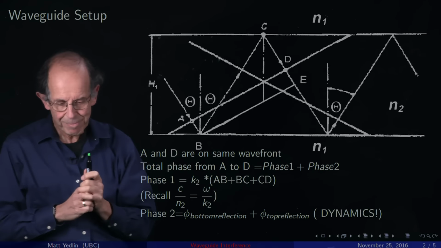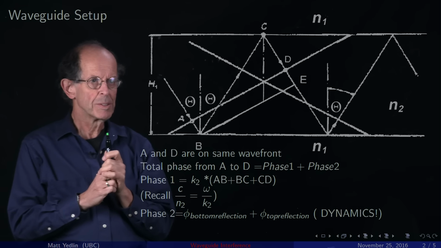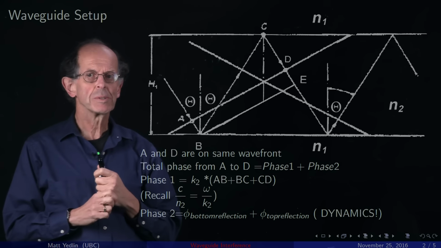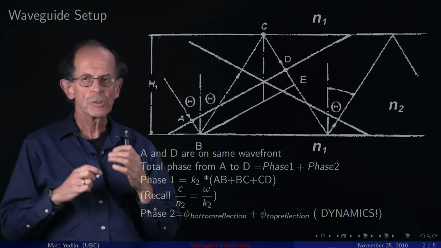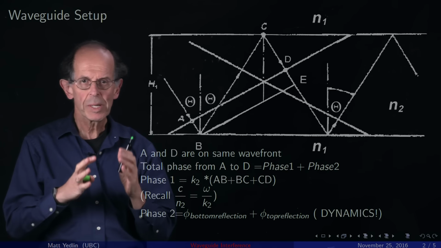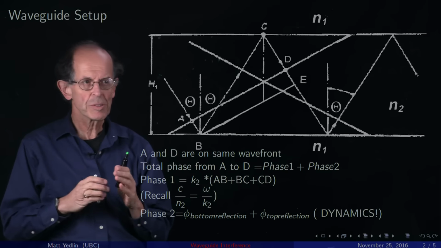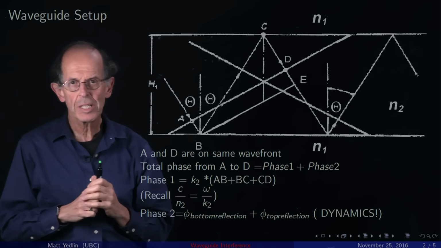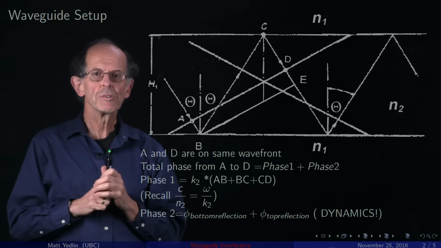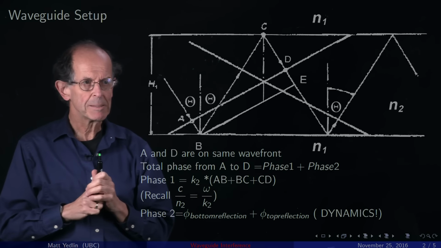To do that, we have to compute the total phase, going from A all the way to D, as I've just shown. Now, there are two parts to the phase. Phase 1 is the wave number, K2, multiplied by the total distance, which is, as you can see, AB, plus along the hypotenuse of a triangle, BC, and then to CD.